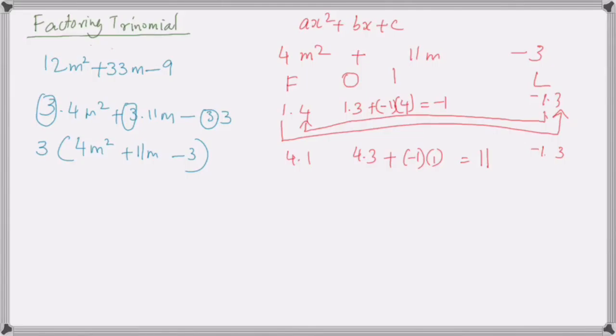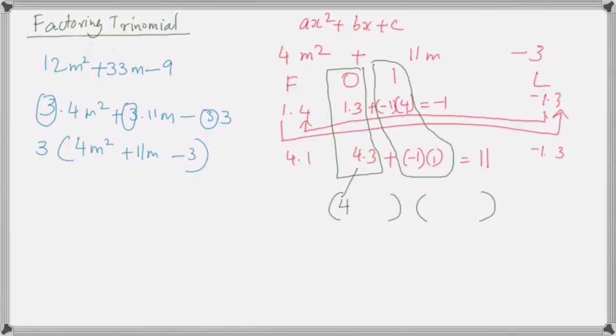Now if you look at this, right, these two are the outer, numbers on the outside. These are the numbers on the inside, right? Okay. So the answer would be, okay, 4 and 3 are the numbers on the outside.